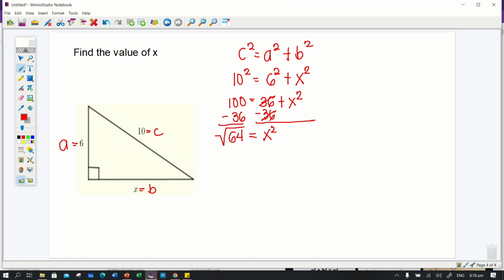So we will extract both sides. So this is square root of 64, that is 8, and square root of x squared is x. So the value of x here, x is equal to 8. So that's how you solve if one of the legs is missing.